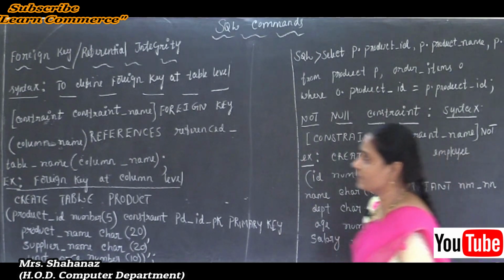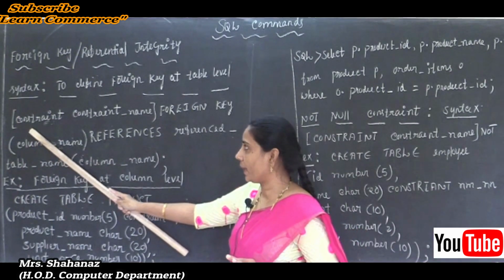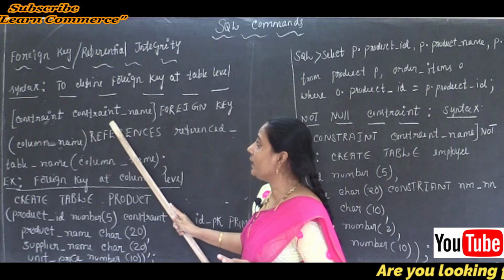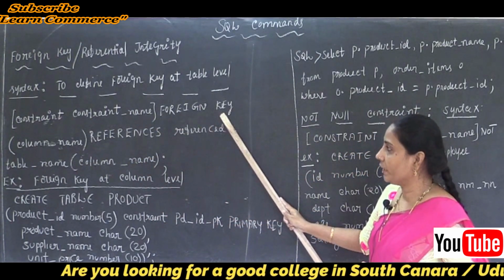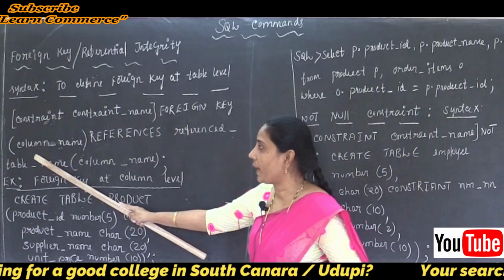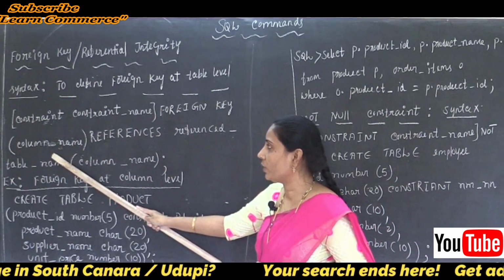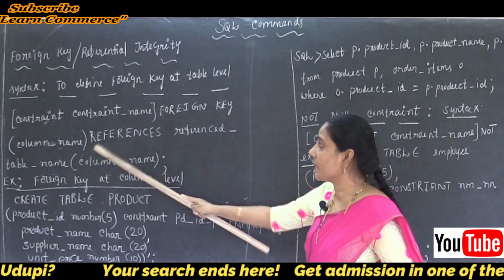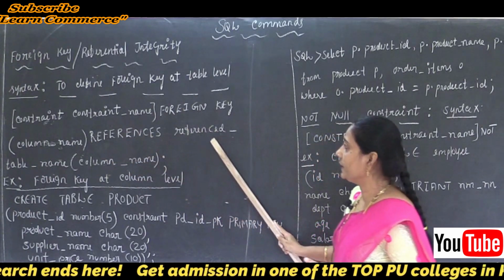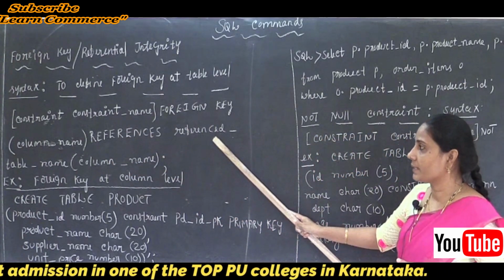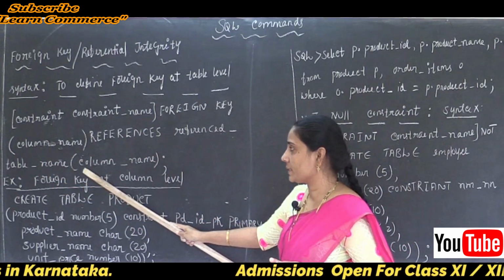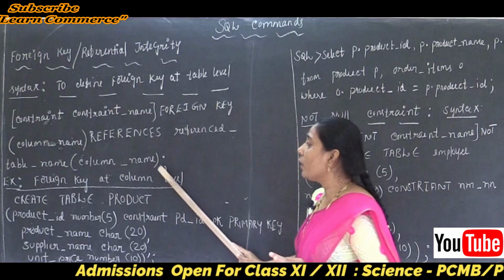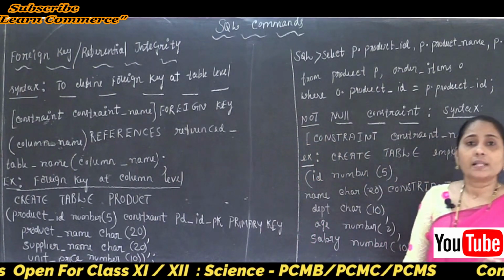The syntax is: opening square bracket, constraint_name, closing square bracket, FOREIGN KEY, opening parenthesis, column_name, closing parenthesis, REFERENCES, then referenced_table_name, opening parenthesis, column_name, closing parenthesis, and the semicolon.